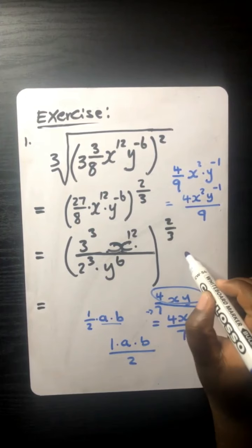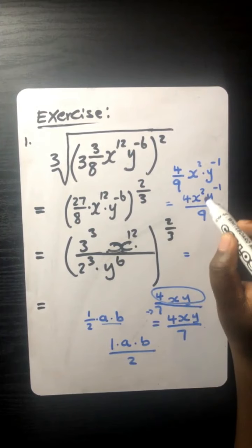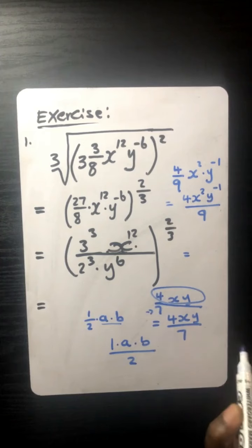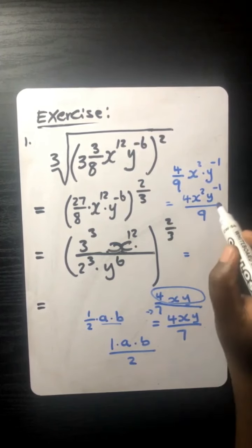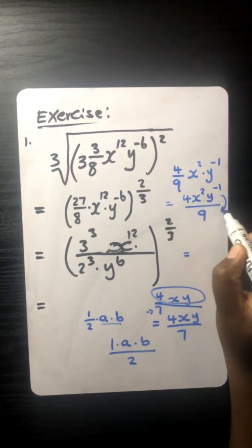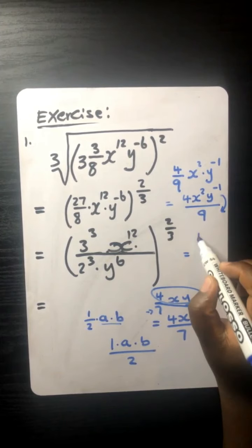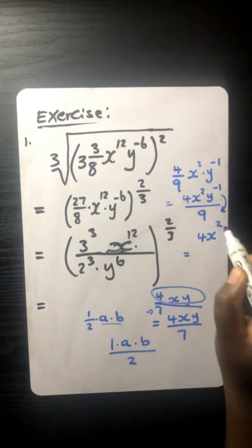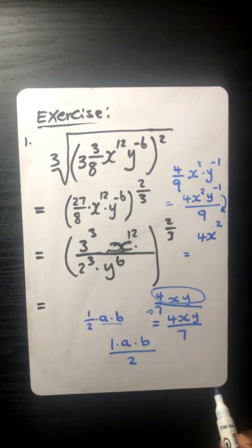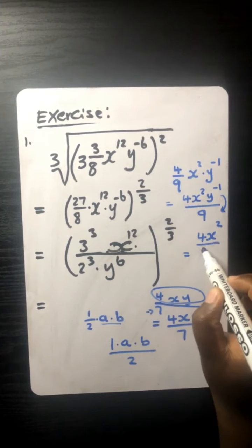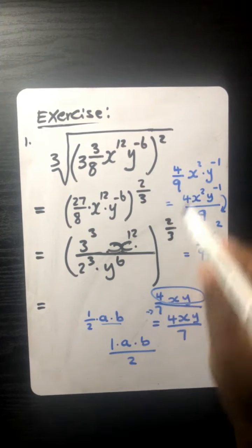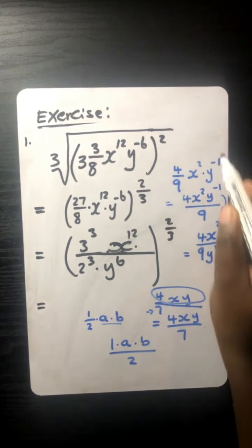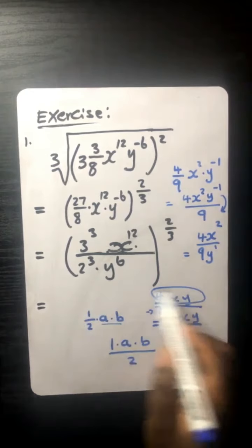So now the problem is that y is in a negative exponent. So we have to write it as a positive exponent. So we move it from the numerator to the denominator, which means we've got 4x squared over that 9 y to the exponent +1. Guys, do you understand that part? Do you understand this explanation, guys?